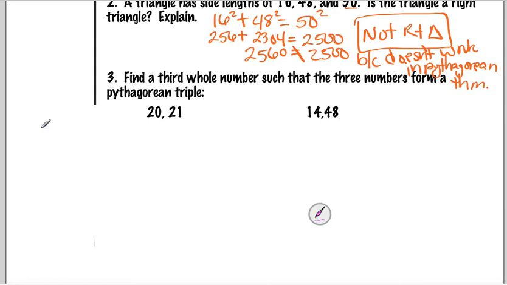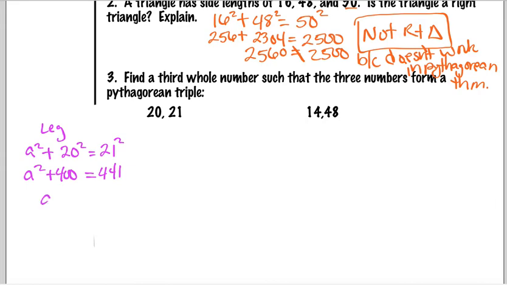If we think that we're missing a leg, then we would have a leg like a squared, b would be the 20, and 21 would be the hypotenuse because that's the longest one that we have right here. So we would plug this in and get a squared plus 400 equals 441.